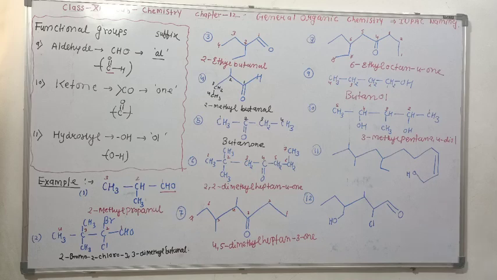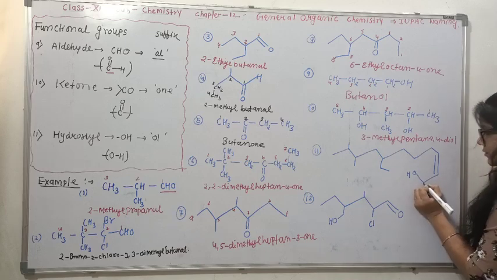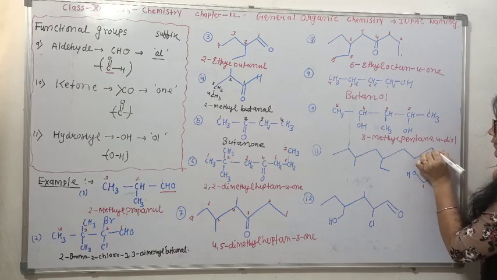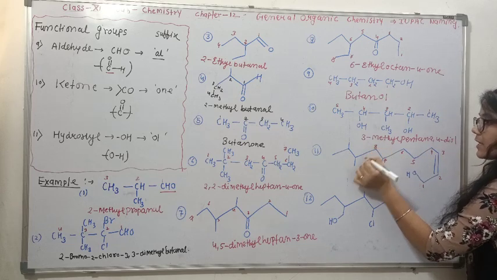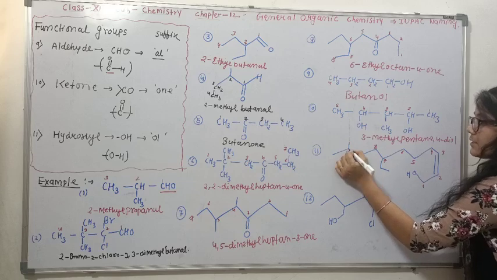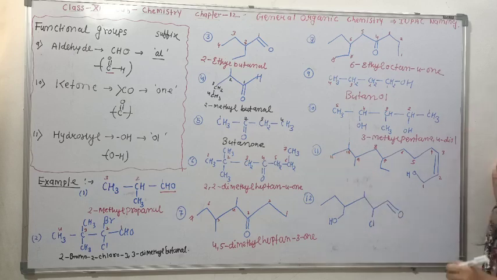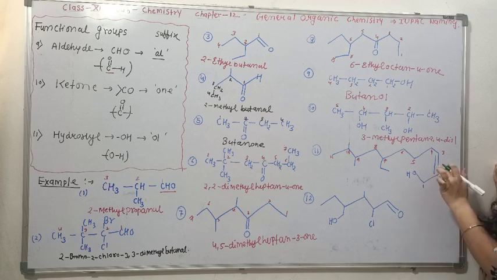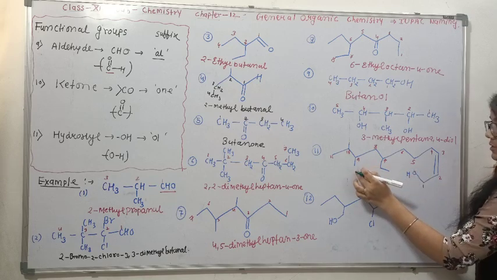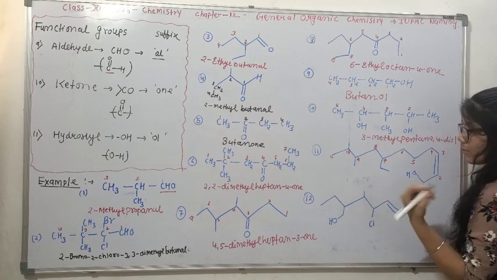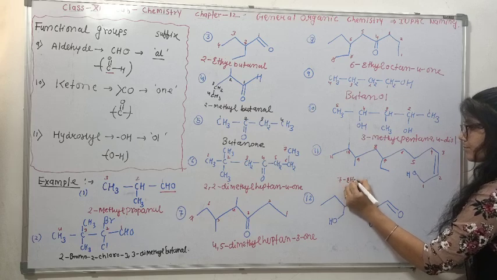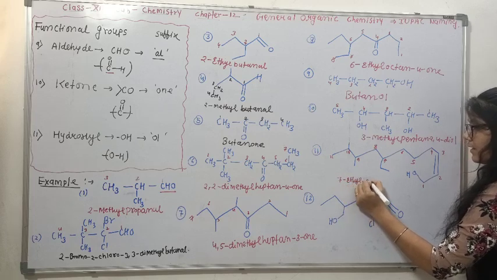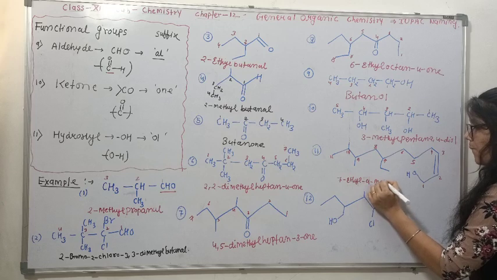Clear? Now next compound. See, it's 1 2 3 4 5 6 7 8 9 10 11. So we have an 11 carbon chain here. We have a multiple bond and we have substituents, so we'll go according to the rule. It's 7-ethyl 9-methyl.